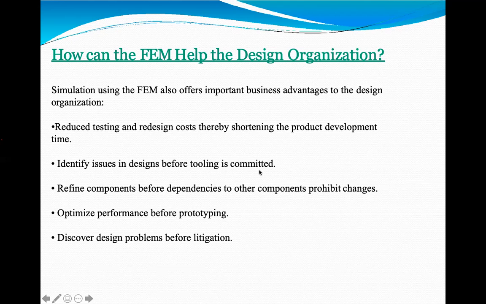Also, before the product is launched, we always want to check where it may fail from the design perspective. So we can have a good understanding of where, in which area or at which locations, it may fail. That is also one application.